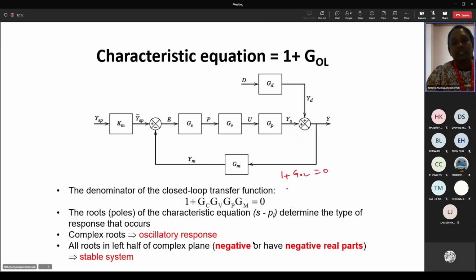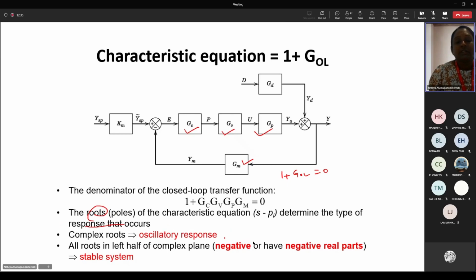So this is the characteristic equation and they equate it to 0. And the GOL will be GC, GV, GP, and GM. In this case, the roots of the characteristic equation will be S minus PI, and we need to determine the types of response that occur.